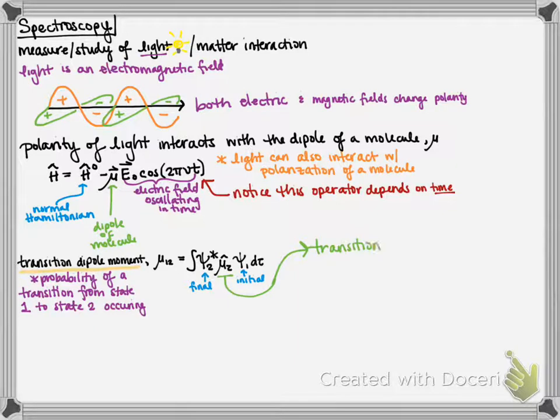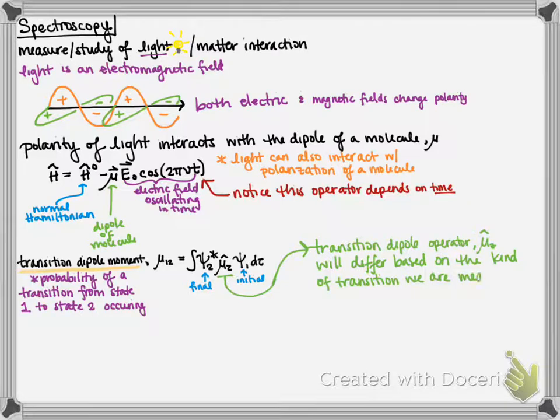And what is this mu z hat, or this transition dipole operator? So mu z hat is going to actually depend on the kind of transition we're trying to measure or induce, or the type of spectroscopy we're doing, right? We could say that sort of either way. And so this transition dipole operator is going to be specific to the type of spectroscopy that we're dealing with.